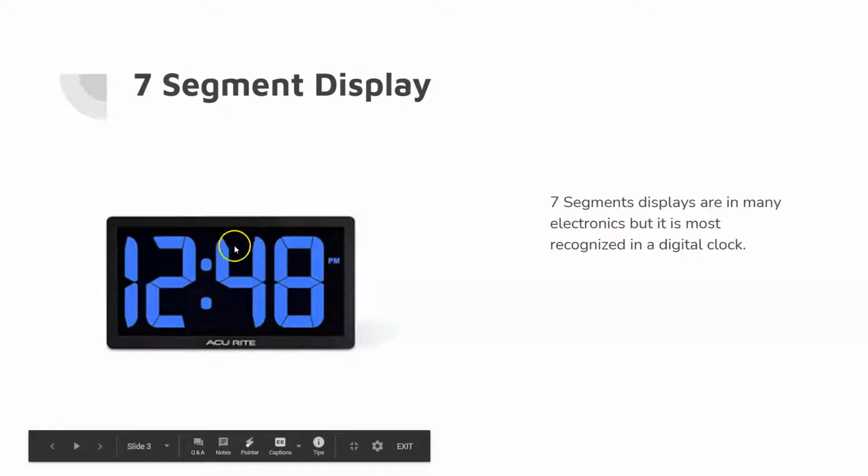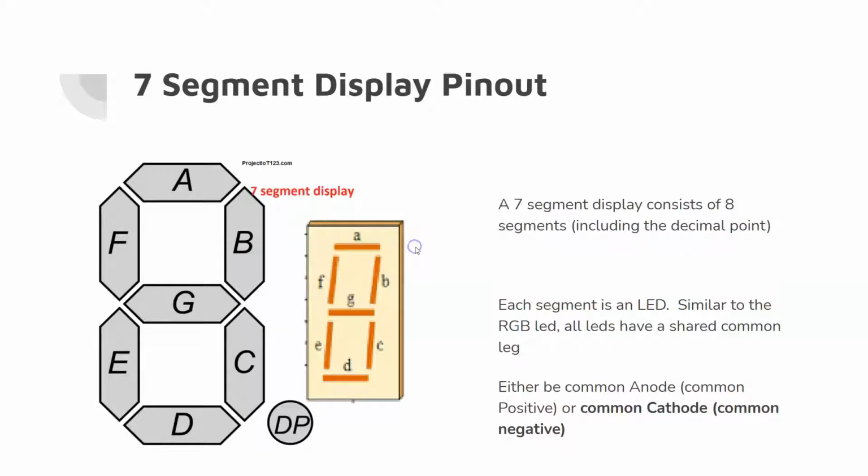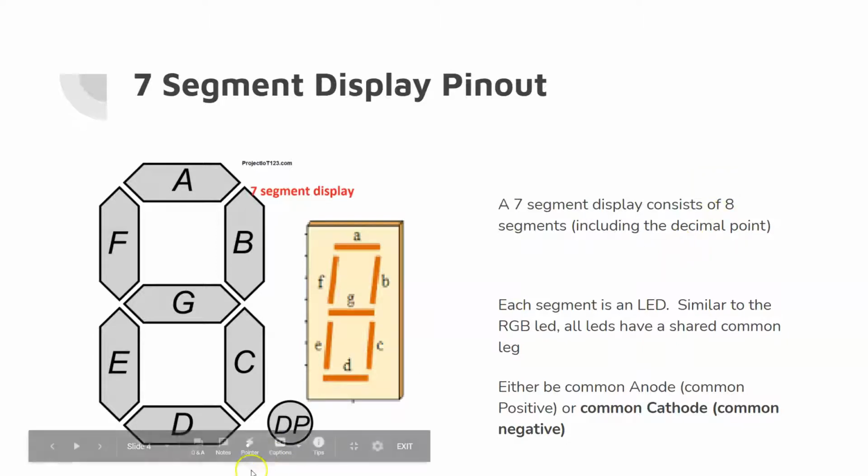And of course, we can utilize these LEDs separately to produce numbers like a 1, a 2, a 4, whatever it might be. In our kits, we have a 7-segment display, but it's a little confusing. It actually consists of 8 segments, including the decimal point. So we have the decimal point on the side here.